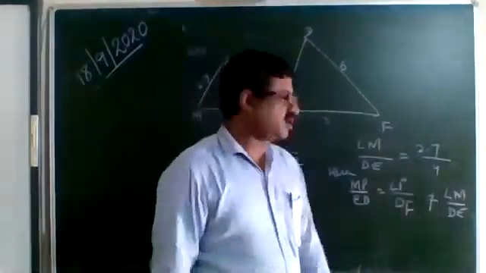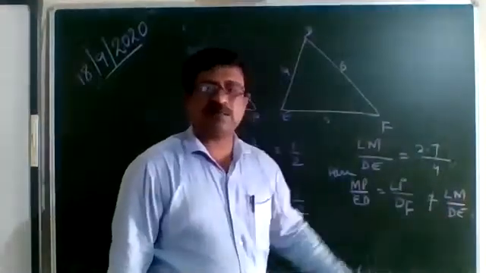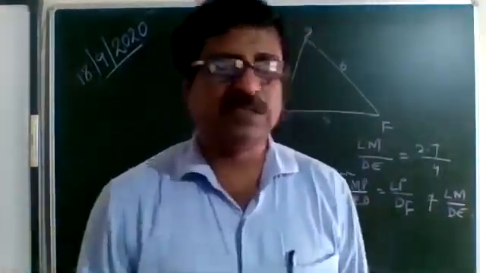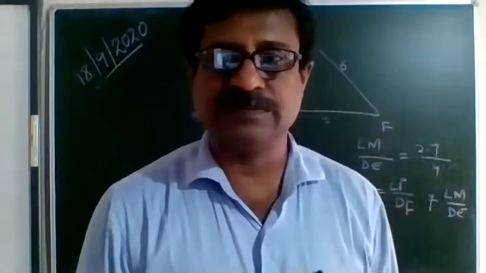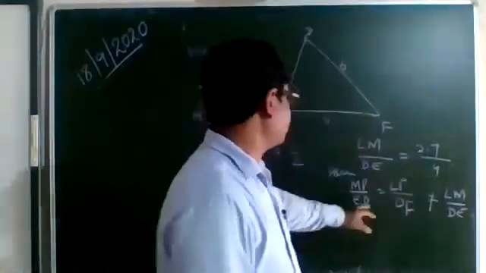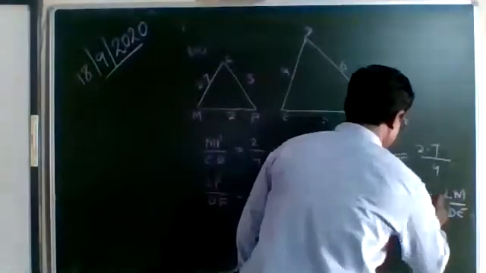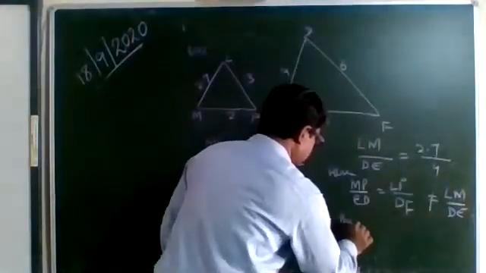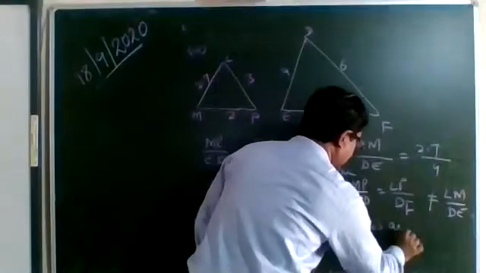If the ratios of the sides are equal, then only the triangles are similar. Two of the sides are in the same proportion, but the third is not in proportion. Therefore, the triangles are not similar.